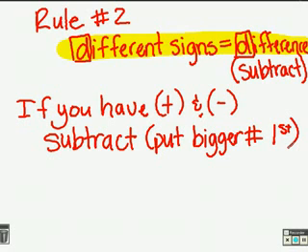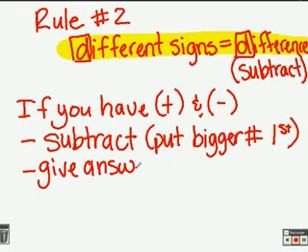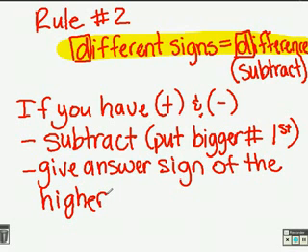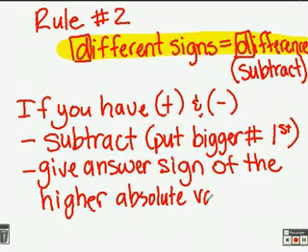Subtract, put the bigger number first, and then give your answer the sign of the higher absolute value. And remember, the higher absolute value is the one that's furthest away from 0.